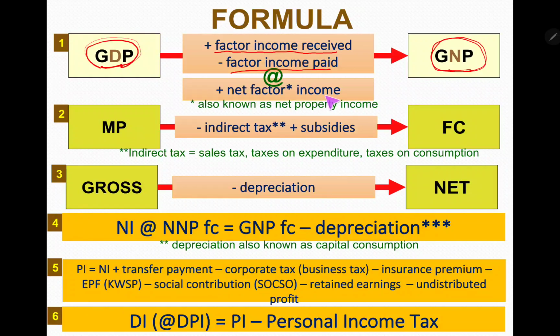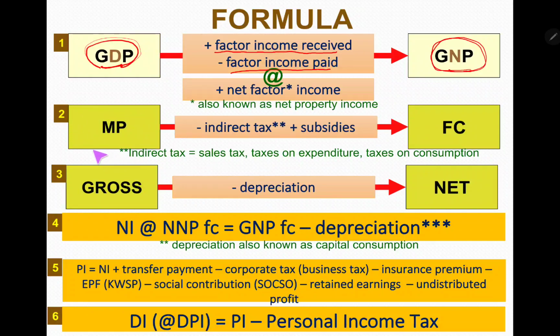Net factor income meaning that the factor income received that has already been deducted for factor income paid. So in that case, what you can do is you will take your GDP, you plus net factor income, and it will become the GNP. And this net factor income also known as net property income.